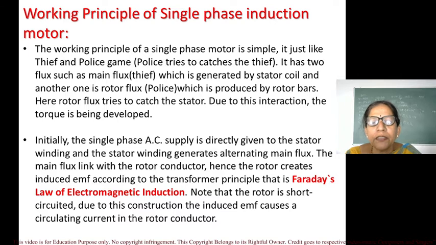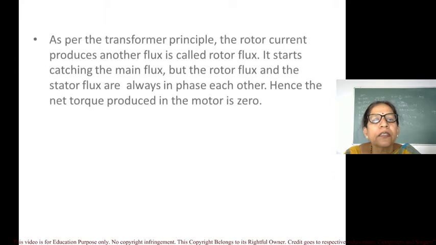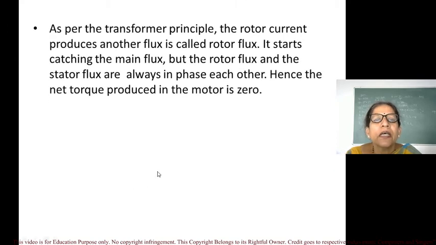What is the difference then? The difference is that here the rotor is short circuited, and due to this construction, the induced EMF in the rotor conductors causes a circulating current in the rotor conductors. Therefore, as per the transformer principle, the rotor current produces another flux, which is called the rotor flux.